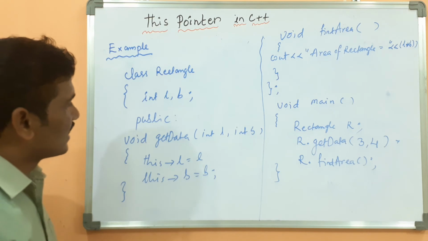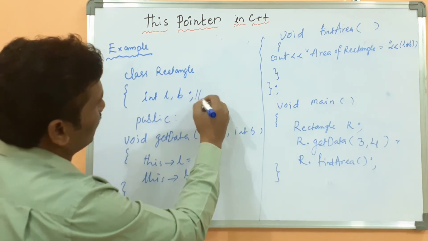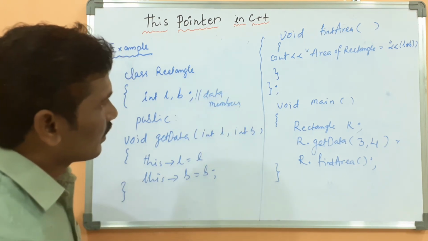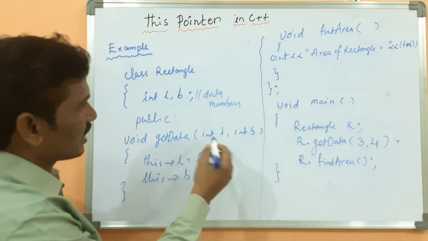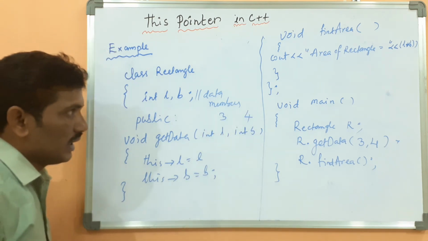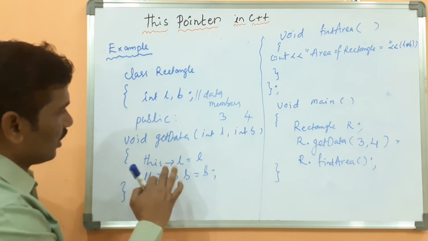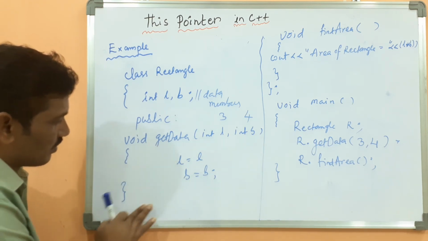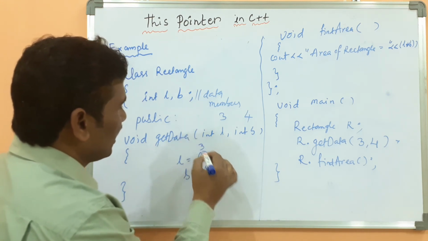I have written a simple example about the this pointer concept in C++. They are the data members. Here, Rectangle R dot getdata, then in the getdata function L becomes 3 and B becomes 4. For example, if you remove this pointer and I do not use any this pointer for this concept, then L equal to L, because 3 and 4.